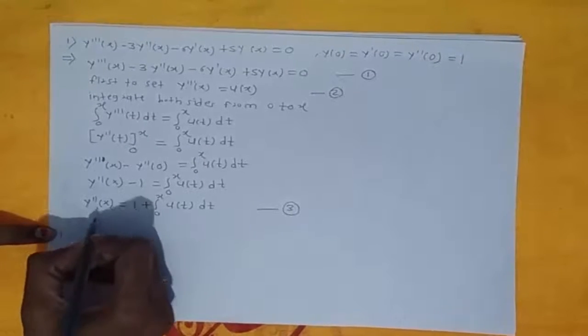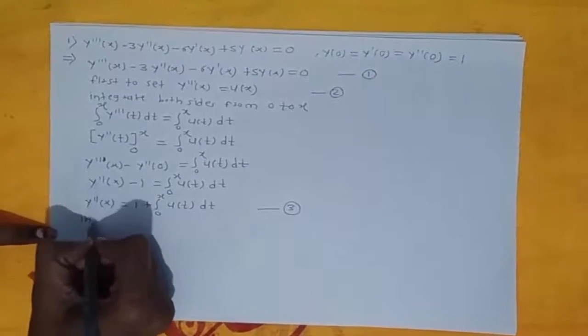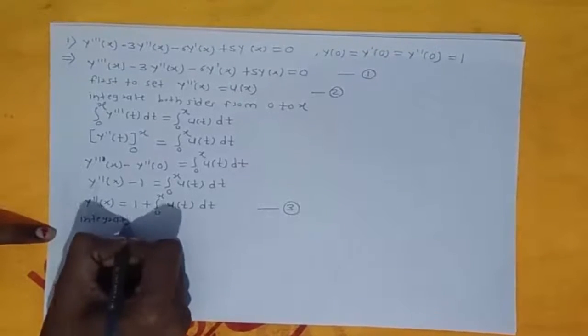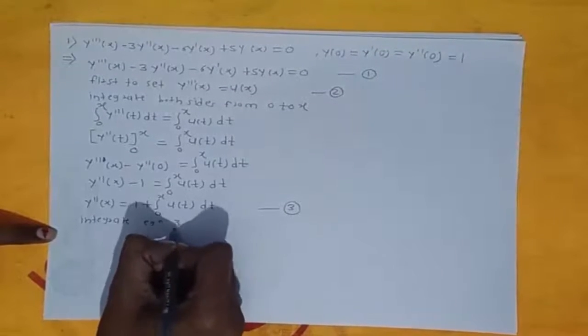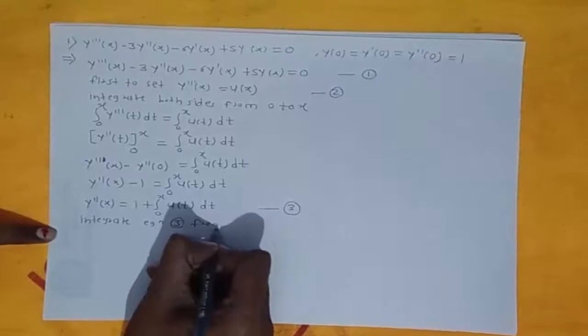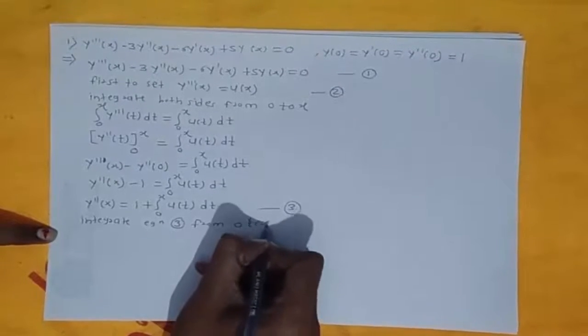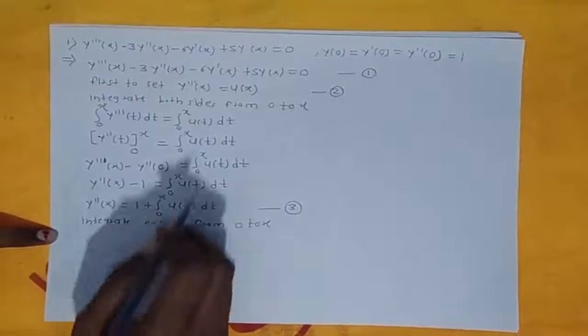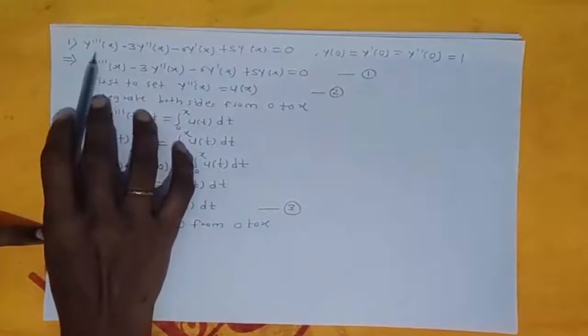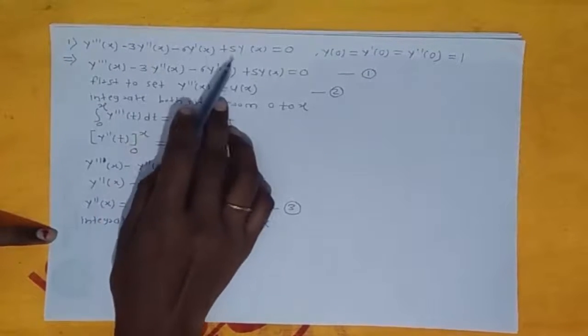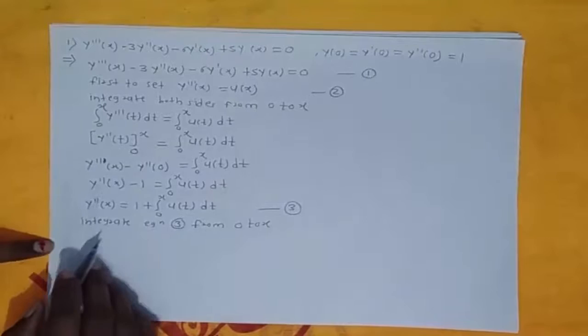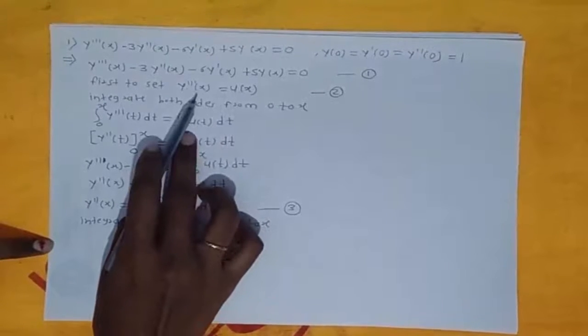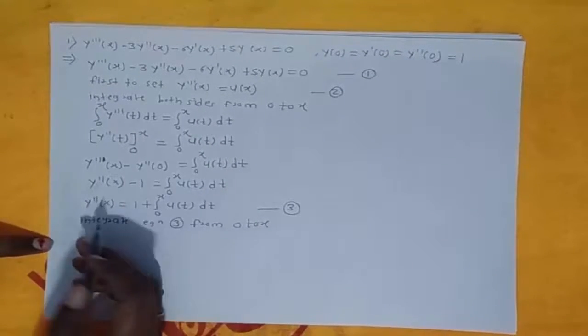Then again integrate equation number 3 from 0 to x, because we have to find the values of all these derivatives y triple dash, y double dash, y dash and y of x, that is to convert this equation to the Volterra integral equation.